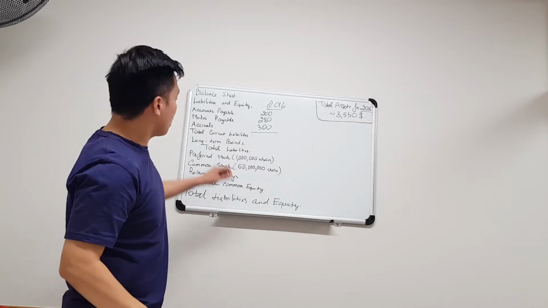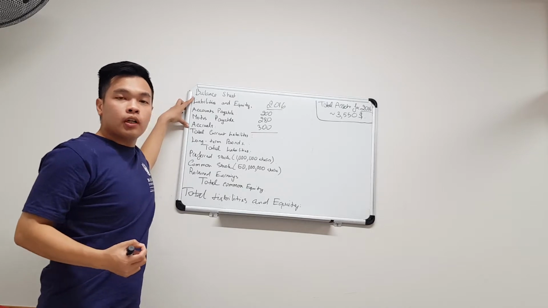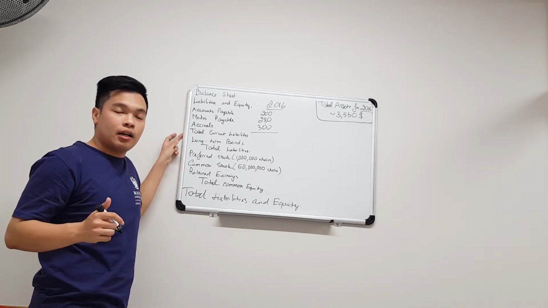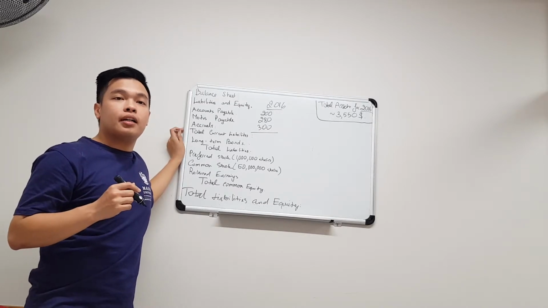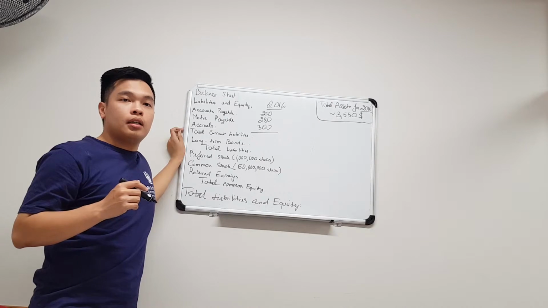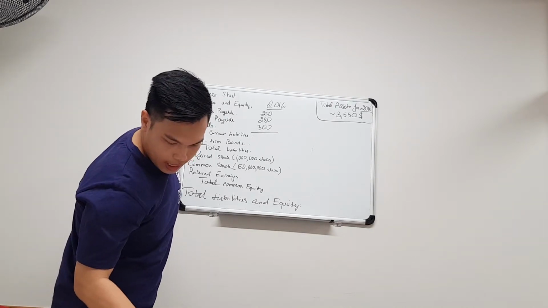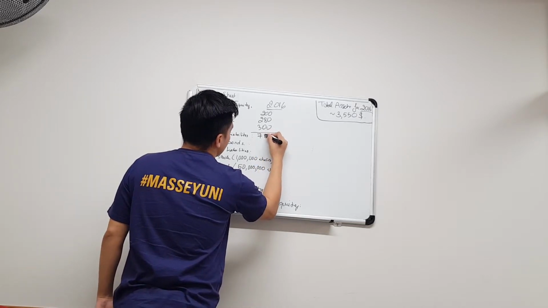Then we sum across accounts payable, notes payable, and accruals, as they represent current liability, equivalent to 780 dollars.